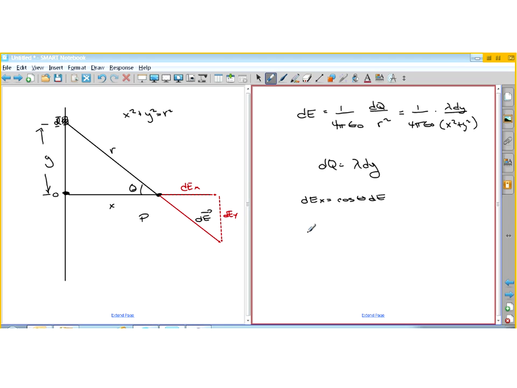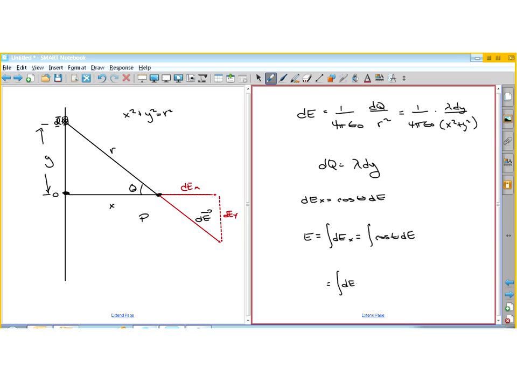The y's cancel out, so the total electric field is the integral of the dx components, dE sub x, which is equal to the integral of the cosine of theta times dE. Remember, the cosine of theta is, okay, so we're going to have something slightly different here as far as how we deal with this cosine of theta thing.